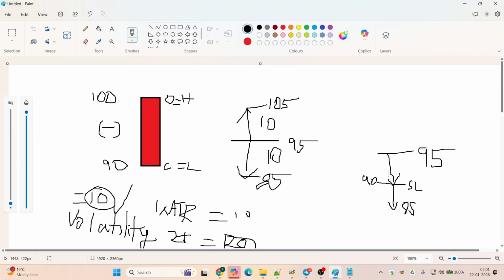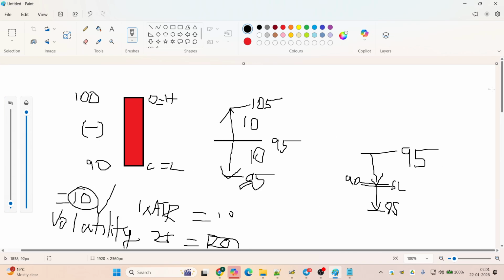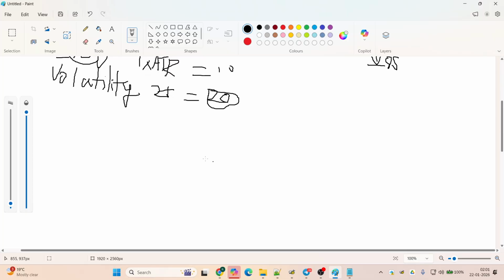So in this example, now you might ask, Raja, you have said that the stop loss will hit at 90, but the price is at 85. So how do I ensure that my stock does not hit the stop loss? Okay, very simple. Let me give you the same example.